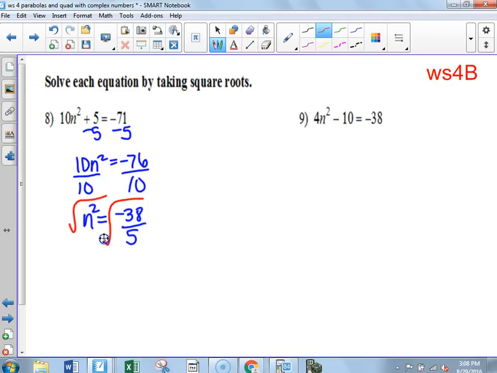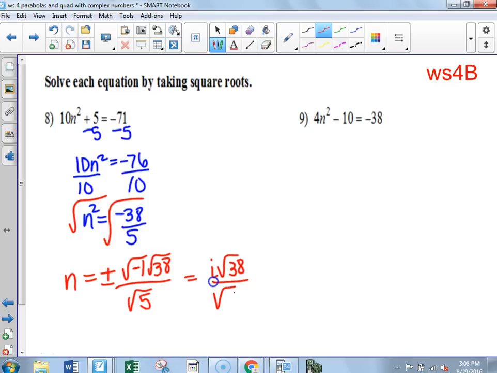Because we're square rooting the n, we get absolute value, or we just remember plus or minus. What are we going to do with that top? Yeah, we're going to poke out an eye. So we have i square root of 38 over square root of 5. Anybody want to cry a little bit?